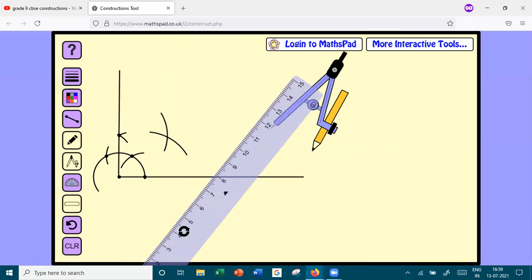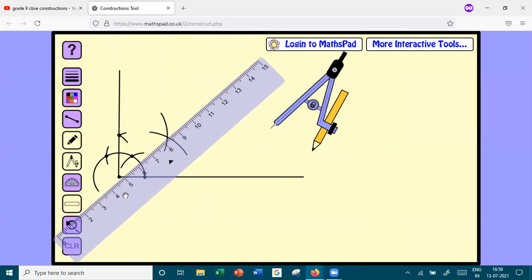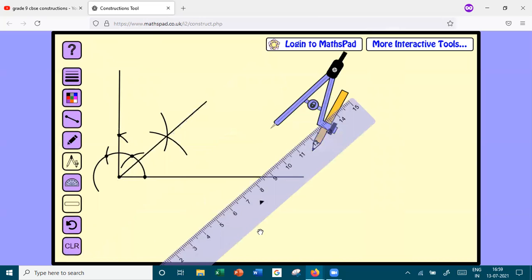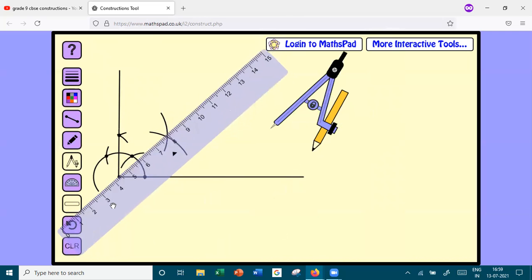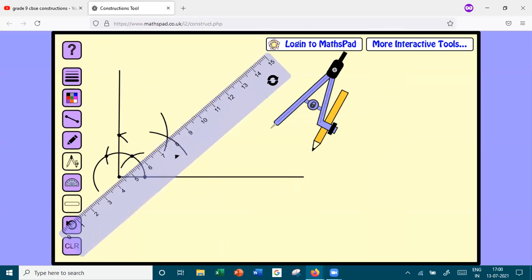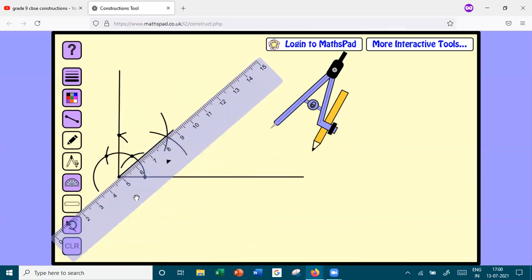Okay, and we have made the 45-degree angle. Okay.